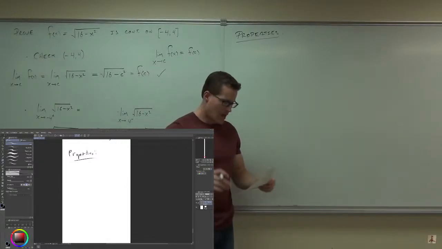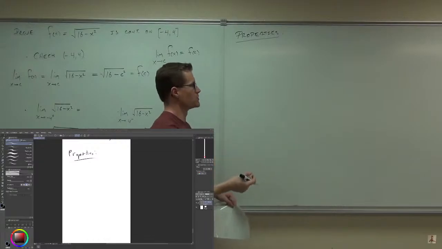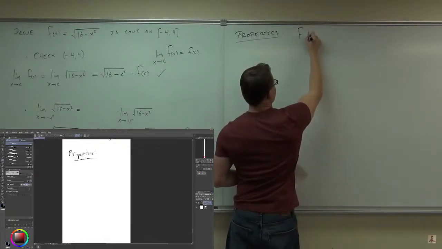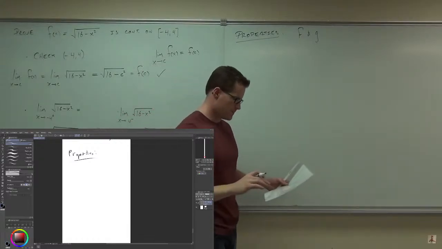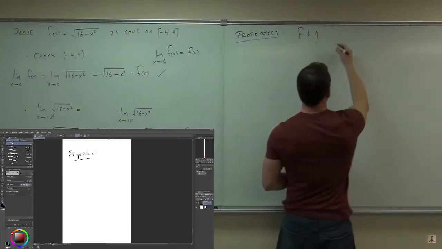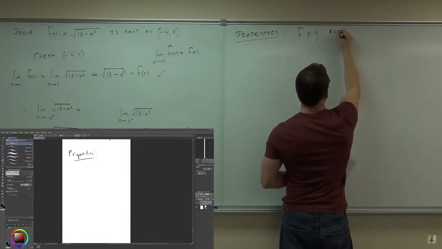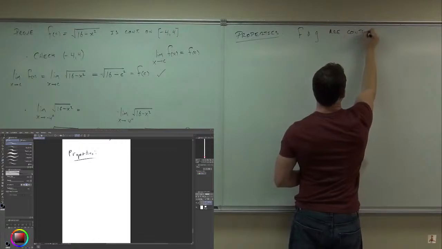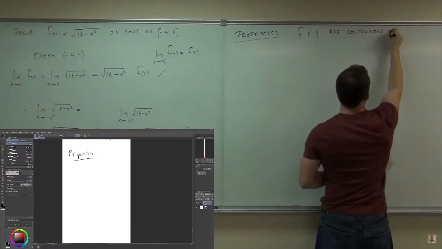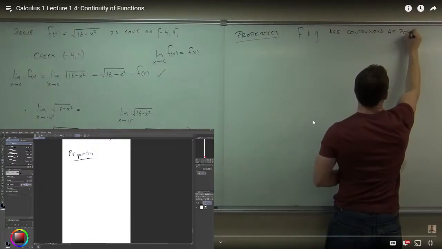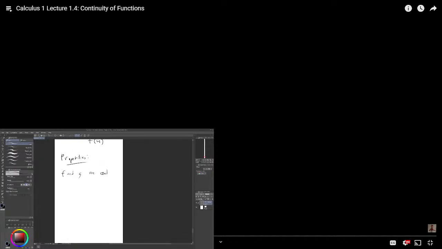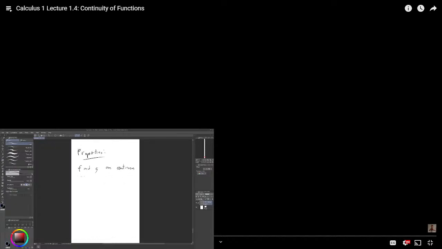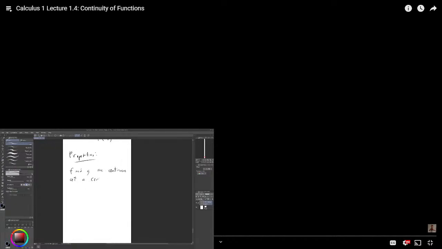All right then. A couple properties. Let's say that we got two functions, f and g, and both are continuous at a certain point. If f and g are continuous at a certain point, then all of the following statements are true.